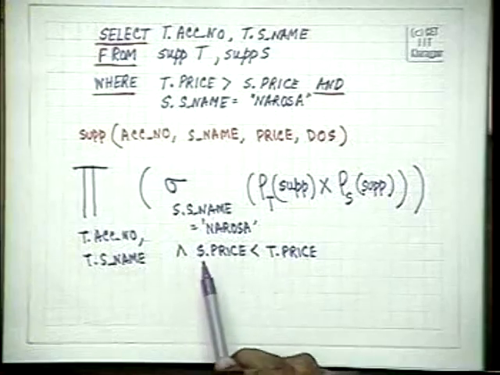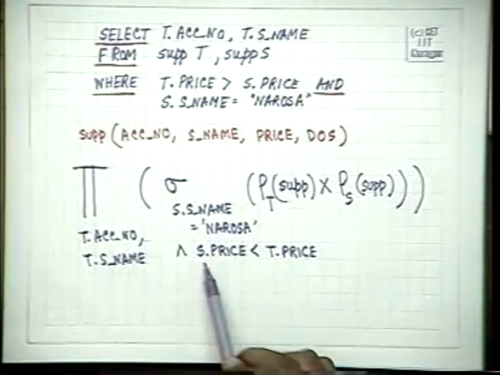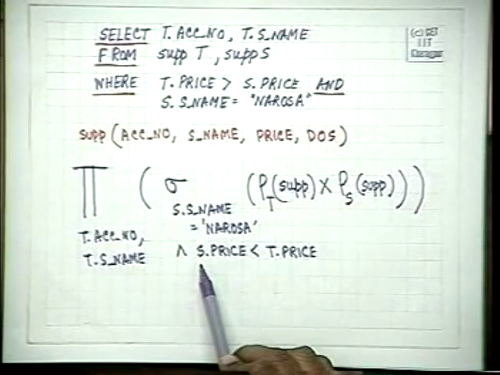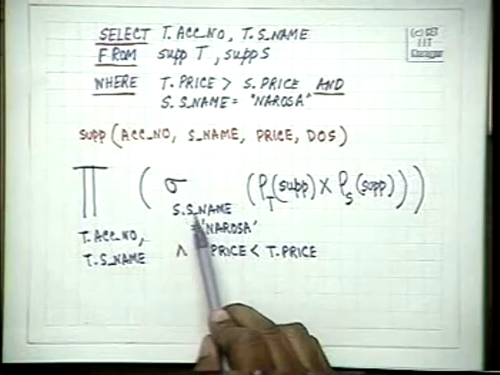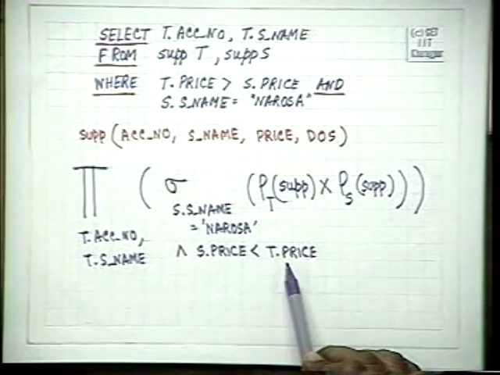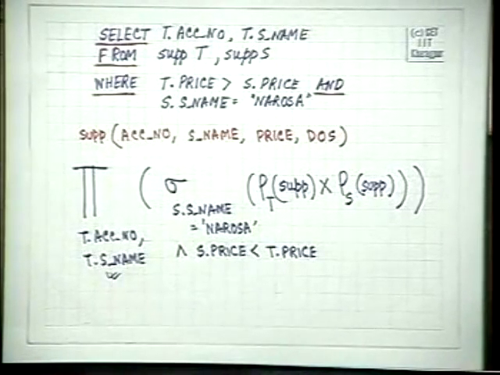That is, there must be somebody who has supplied a book whose price is greater than that supplied by Narosa. Now it is not greater than all the books supplied by Narosa. Even in one place where S.S name is Narosa and this price is less than T.price, that person's name will come out.